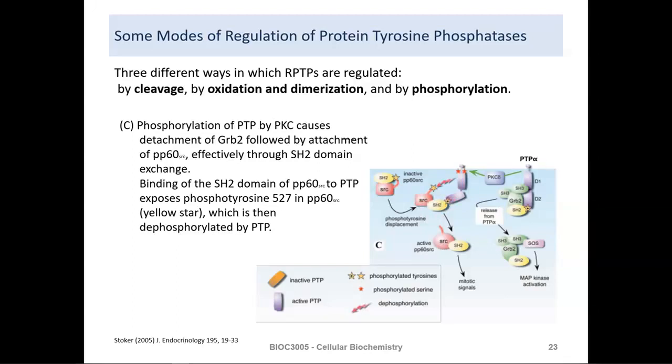The binding of this SH2 domain will then expose the phosphotyrosine at 227 in the pp60 SRC, which is given by the yellow star, which can then be dephosphorylated by the PTP, the phosphatase.